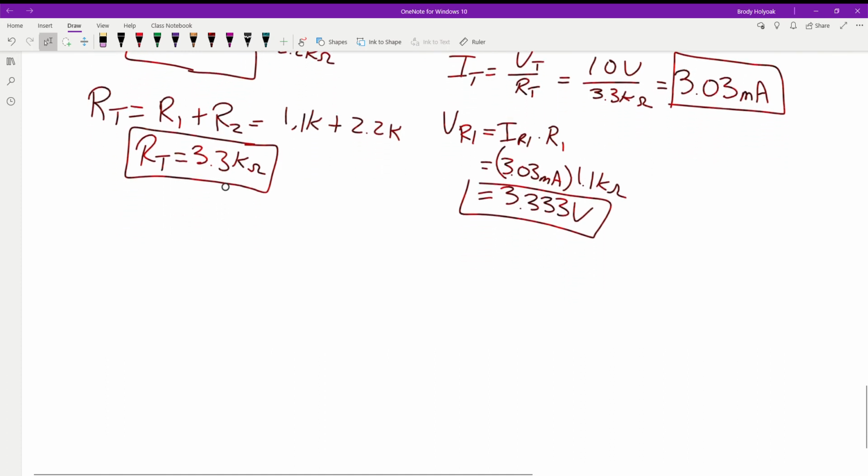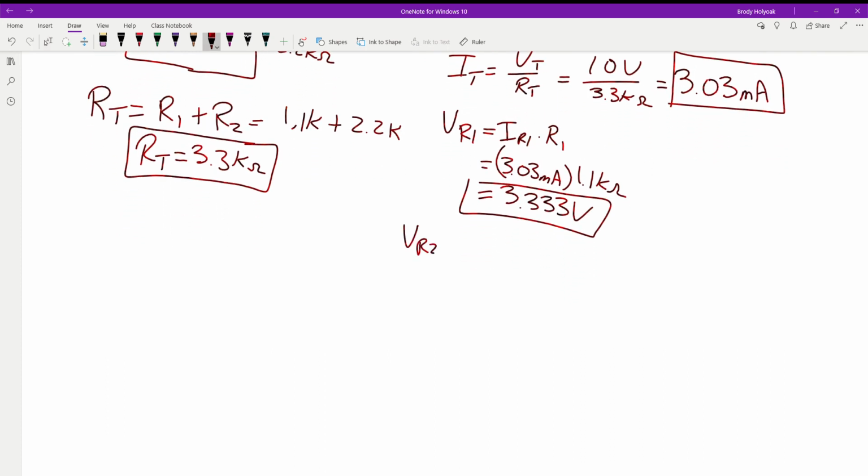Exactly. So VR2 is equal to the voltage total minus VR1. So 10 minus 3.333 gives us 6.667 volts.